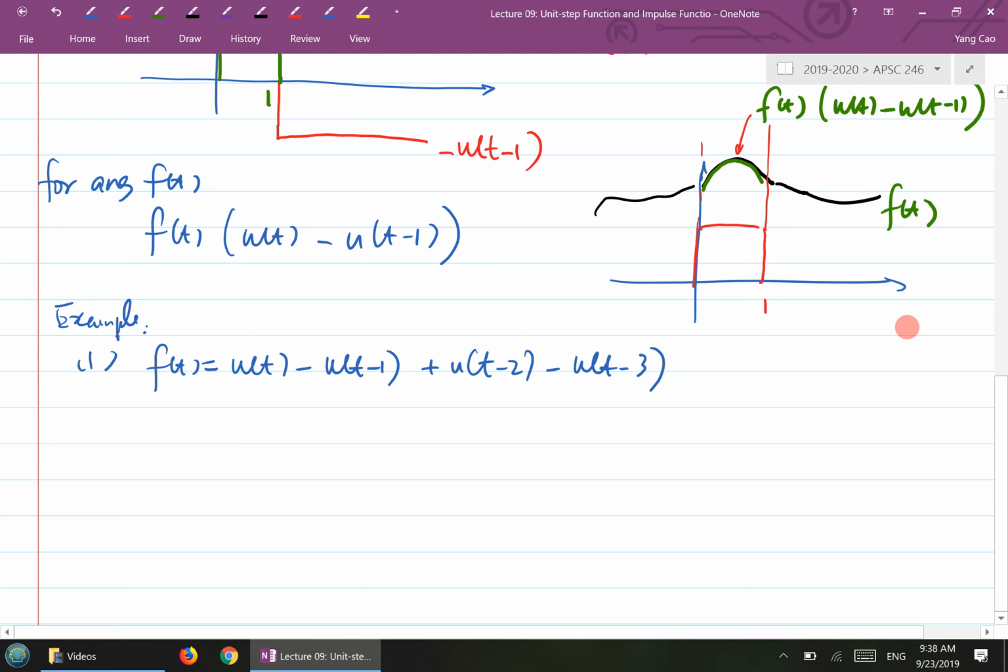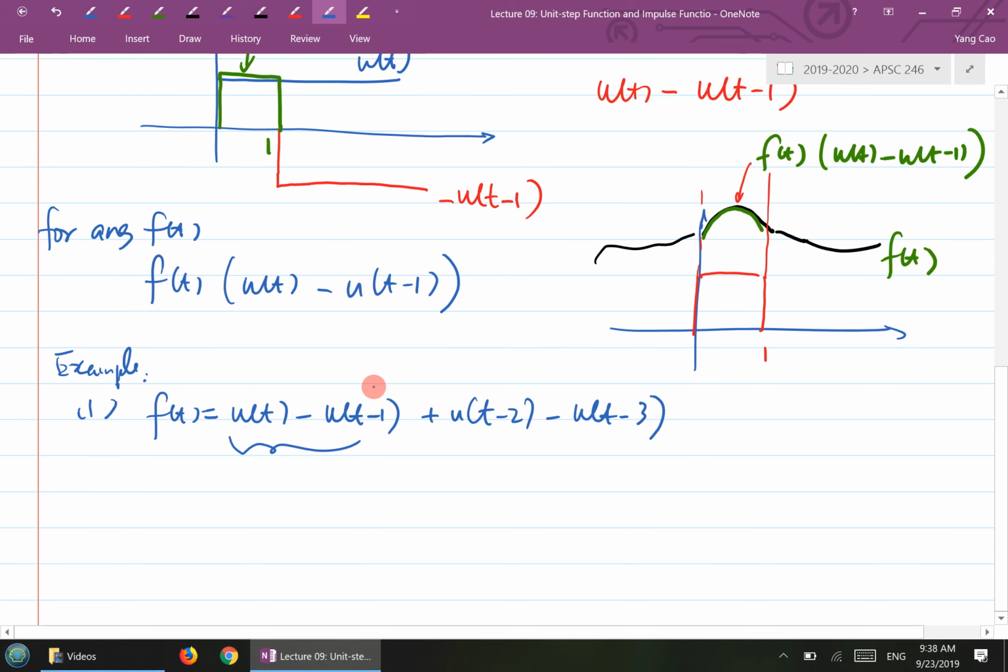If we create a function f of t using 1, 2, 3, 4 unit step functions, they are basically the original and then shifted by 1, by 2, by 3. This function, what would it look like? You can visualize it as if it has two parts.